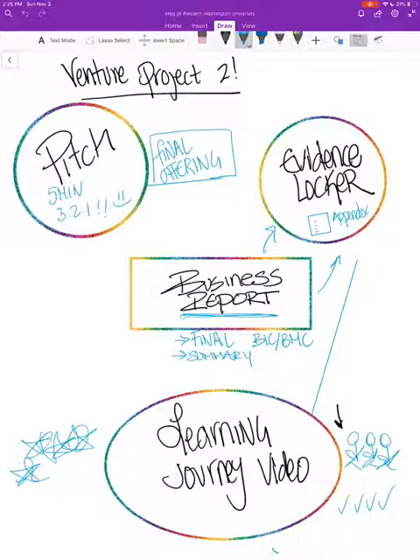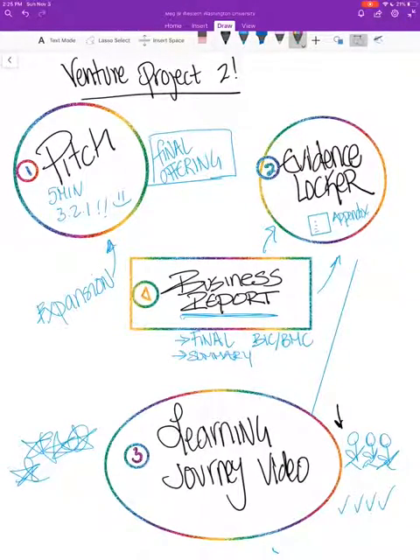So let's think about it as an expansion of the evidence within your pitch. We have some samples of that within the assignment that you can look at, but we want to be sure to fully include these 4 different pieces. So we have our pitch, our evidence locker, our learning journey video, and then that thing that strings them all together in a professional way, and that is our business report.